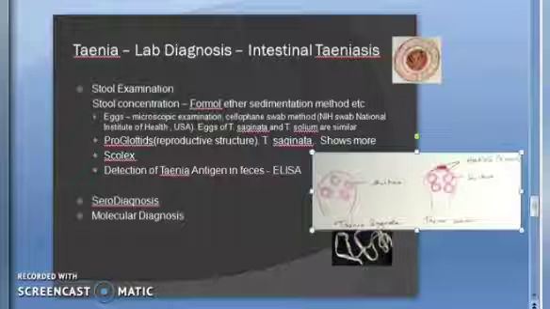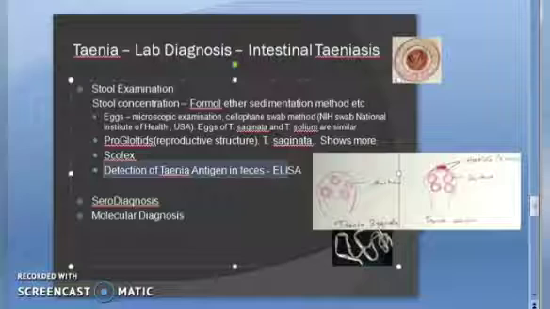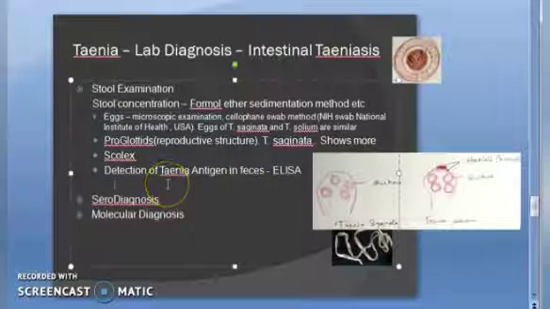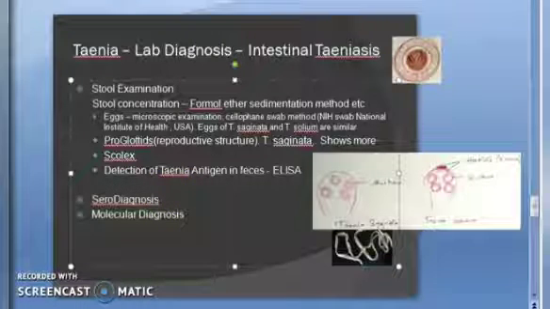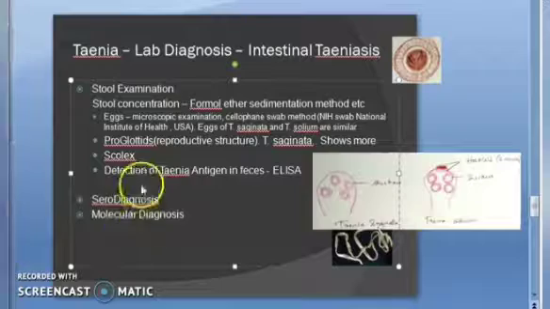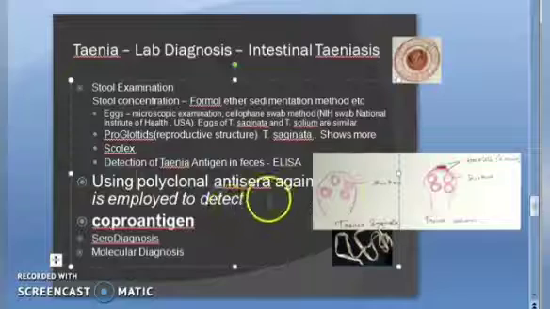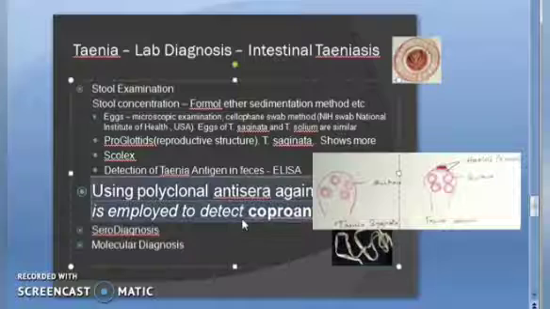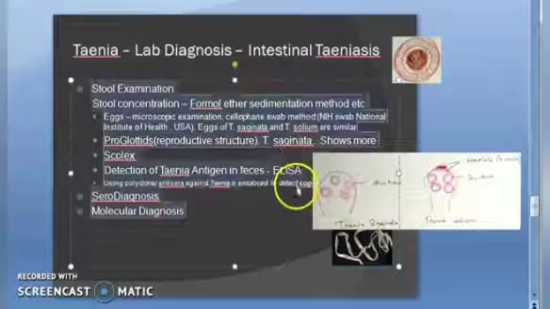This is actually more sensitive than microscopy, but you cannot differentiate between tinea saginata and tinea solium. You use polyclonal antisera and try to detect this coproantigen.